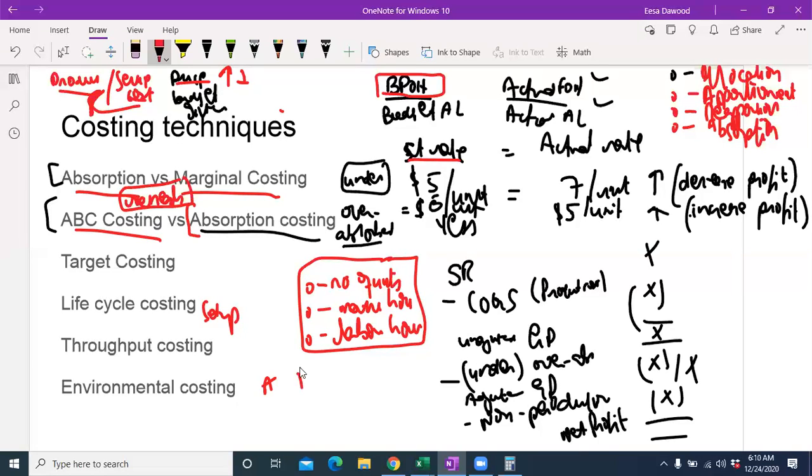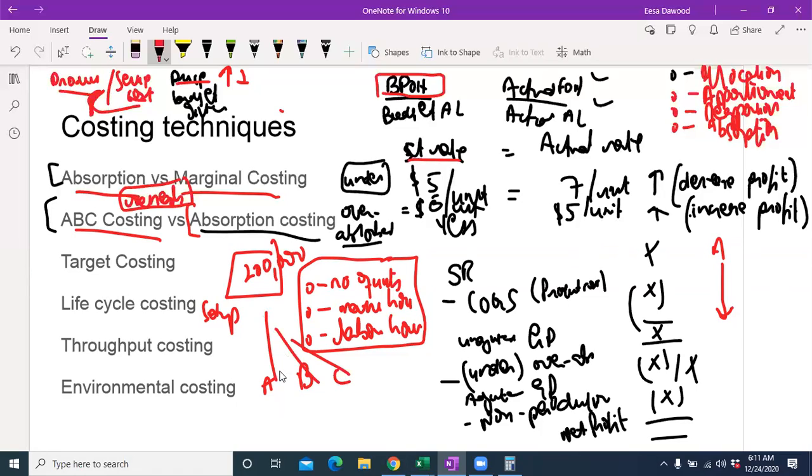In a single product environment, it didn't make much difference to the price and the cost, because the entire cost was going to that particular product. But when there's an overhead cost, for example 2 lakh, it now needs to be absorbed into three products.